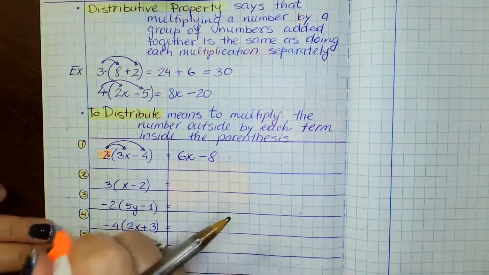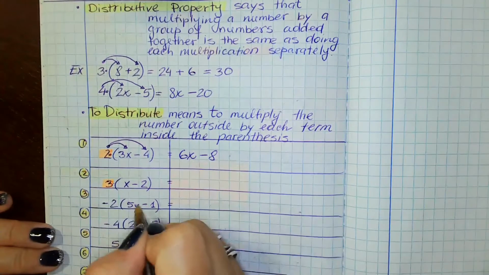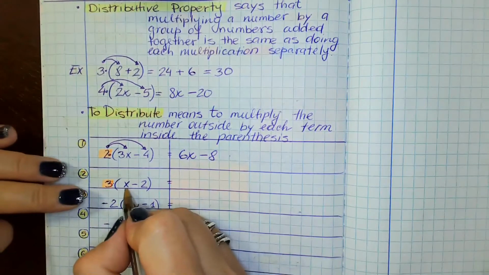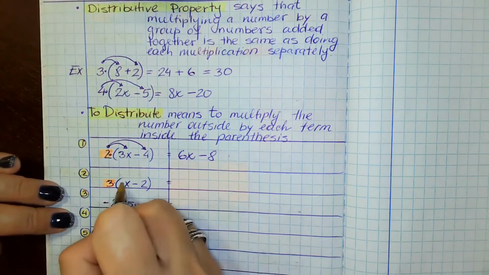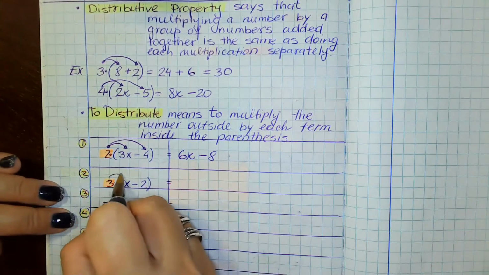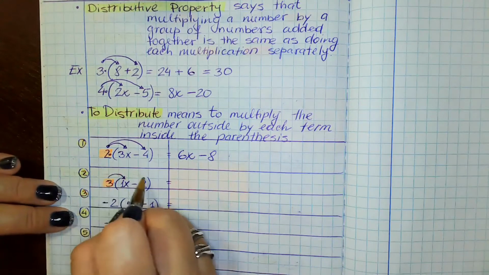Here is the number outside, 3, and we have to multiply it by x minus 2. So by looking at the terms inside the parentheses, we have x, that means 1x, and we are going to multiply the same 3 by the second term.